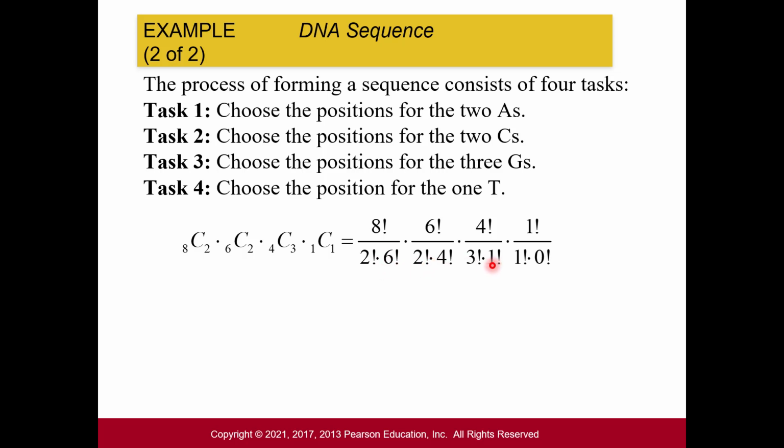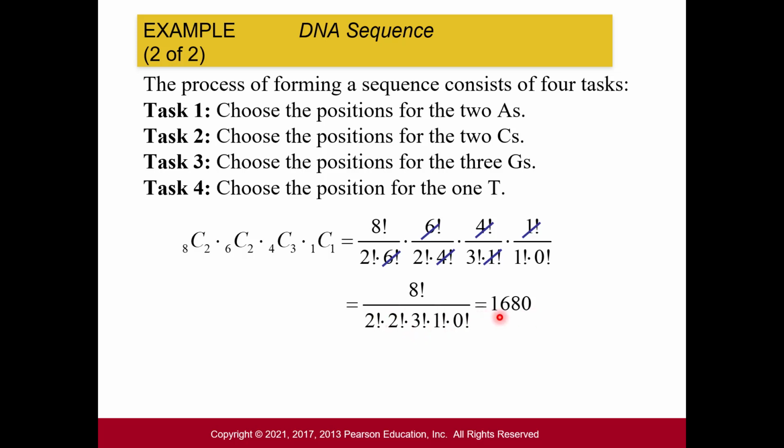And then let's do the last one here. We had 1 for n, and then 1 minus 1 for n minus r, and r was 1. A lot of stuff divides out. So instead of typing all this into the calculator, which you could do, you could divide things out beforehand. The 6 factorials on top and bottom, the 4 factorials, the 1 factorials, and so on.